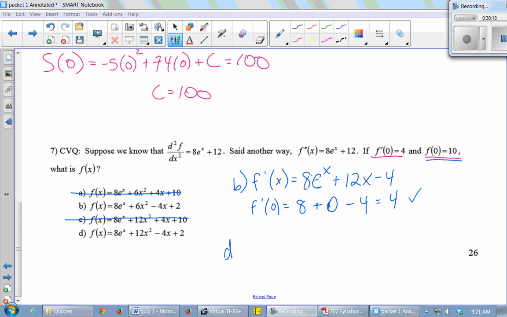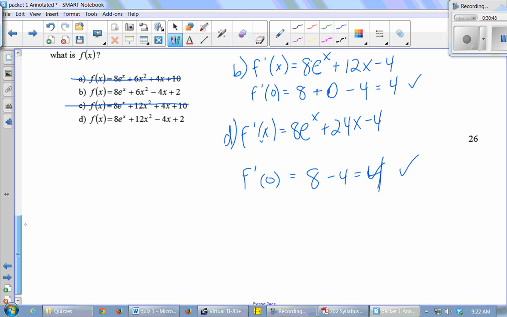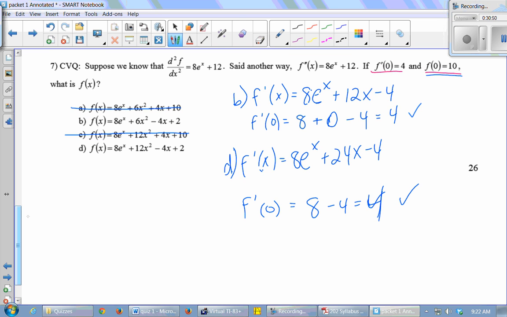Let's check D. F prime of x would be 8e to the x plus 24x minus 4. And if I plug in a 0, I get 8 minus 4, which is also 4. So that one's also still in the running. So to find out which of these two it is, I have to check the second derivative, which has to be 8e to the x plus 12.